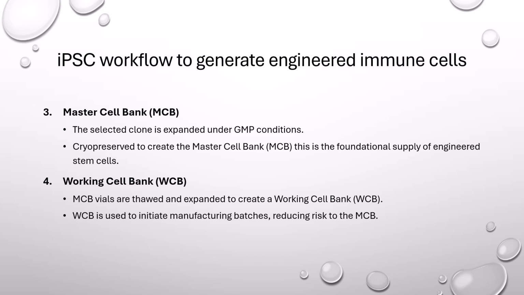So your master cell bank is critical for ensuring future batches of T cells have the same genetic modifications without having to go through the time-consuming engineering process repeatedly. And it just means that the speed of engineering is greatly improved once you've got your master cell bank laid down.